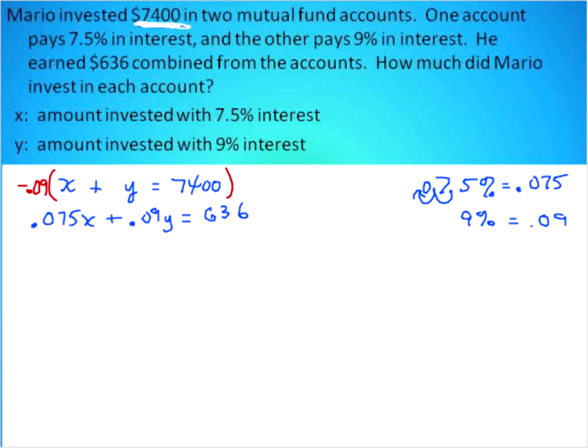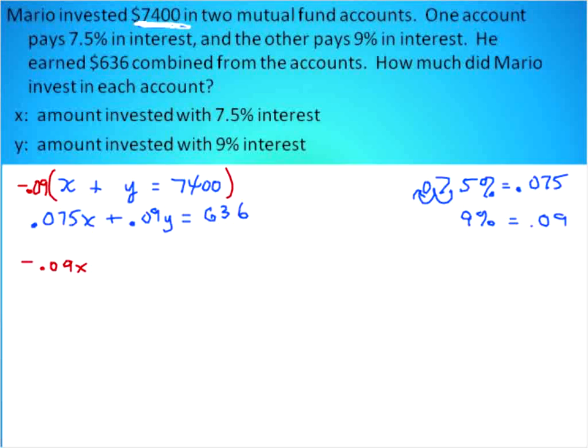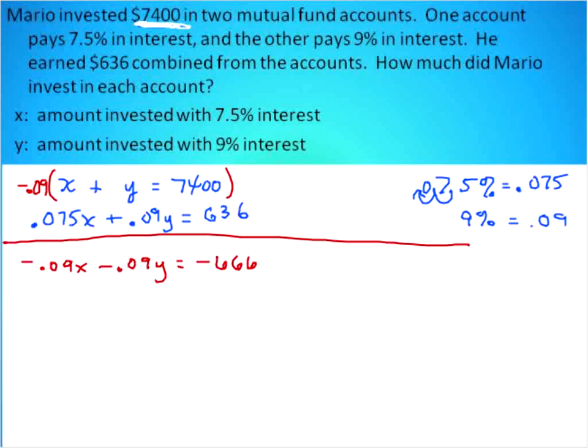So multiplying, that gives us negative 0.09x minus 0.09y, and if you take 7,400 times negative 0.09, you're going to get negative 666. The bottom equation is 0.075x plus 0.09y equal to 636.